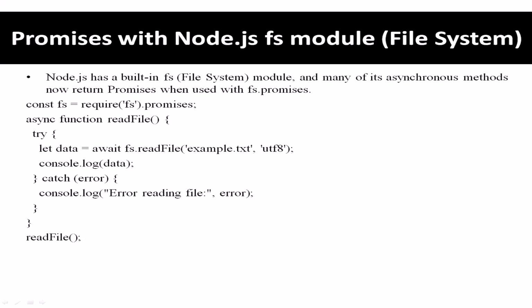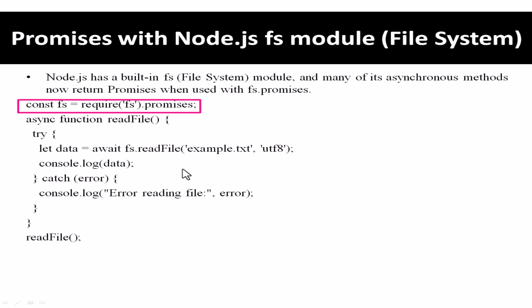Node.js has a built-in file system module, and many of its asynchronous methods now return promises when used with fs promises. For example, consider this constant fs, require fs promises. It means it is going to invoke the asynchronous methods of the file system.